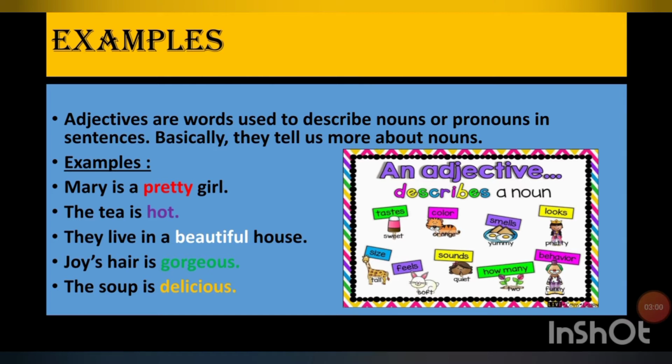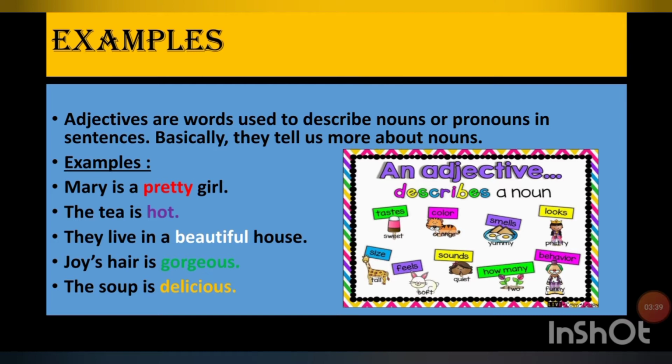Okay? Here are some more adjectives. So if you look at this picture properly, can you see the ice cream? How does the ice cream taste? Sweet. What's the color of this cat? Brown. And this toast? Yummy. How does this girl look? Pretty. And the giraffe? What's the size of the giraffe?